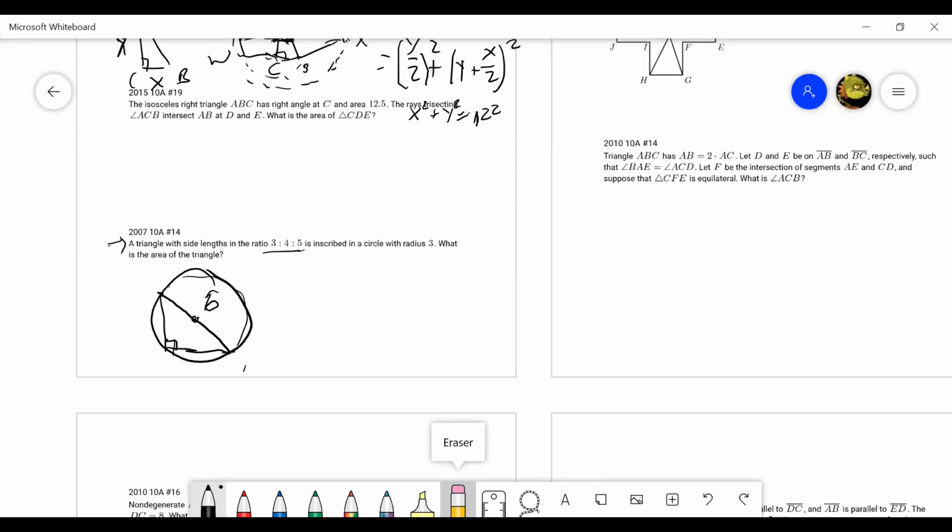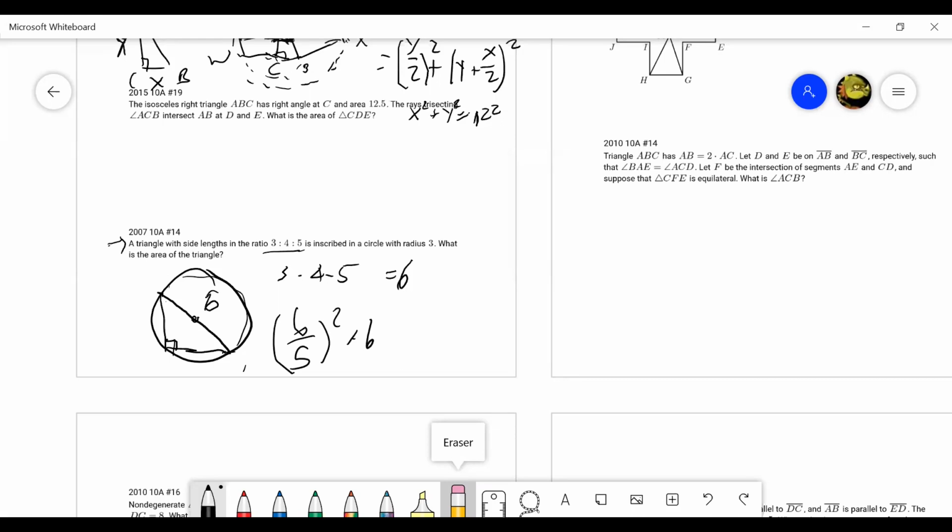We know the ratio of the areas of similar triangles is going to be the square of the ratio of the side lengths. The area of a 3, 4, 5 triangle is going to be 6, and you can get that by 3 times 4 divided by 2. So we know that the area of this triangle must be 6 over 5 squared times 6, and that's it.